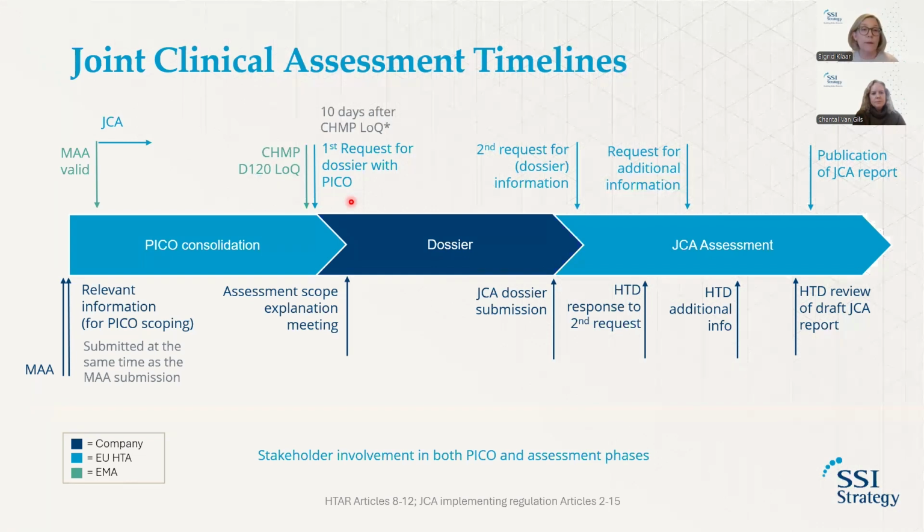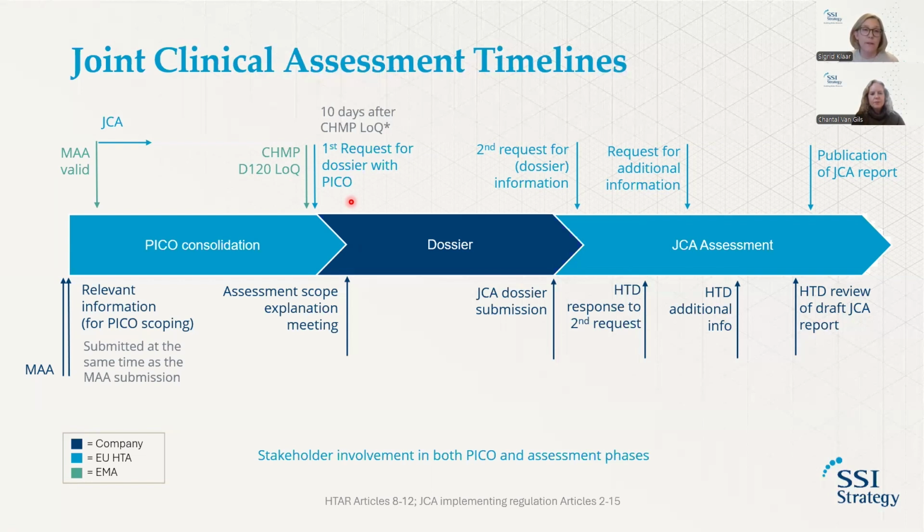This will happen no later than 10 days after the first list of questions in the regulatory procedure that is ongoing in parallel. But it's important to note that these are two completely different procedures. They are not connected in other parts than time-wise.